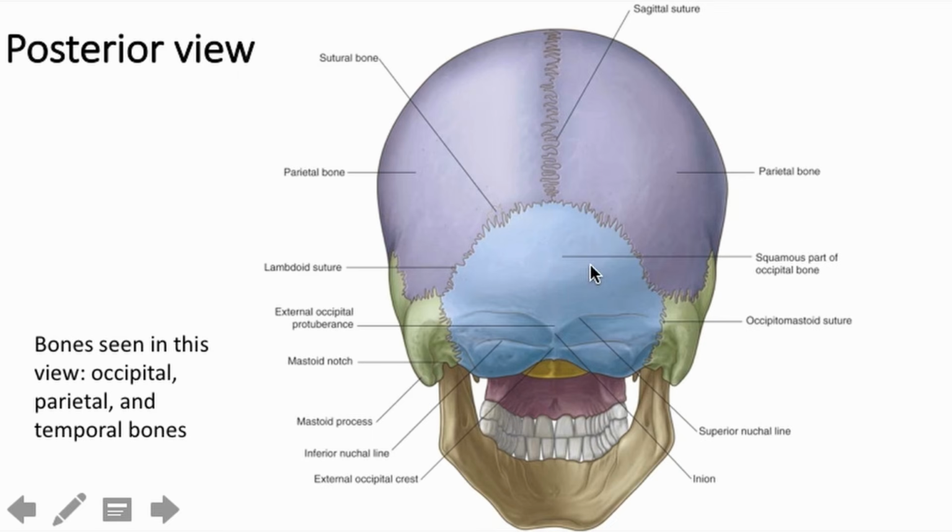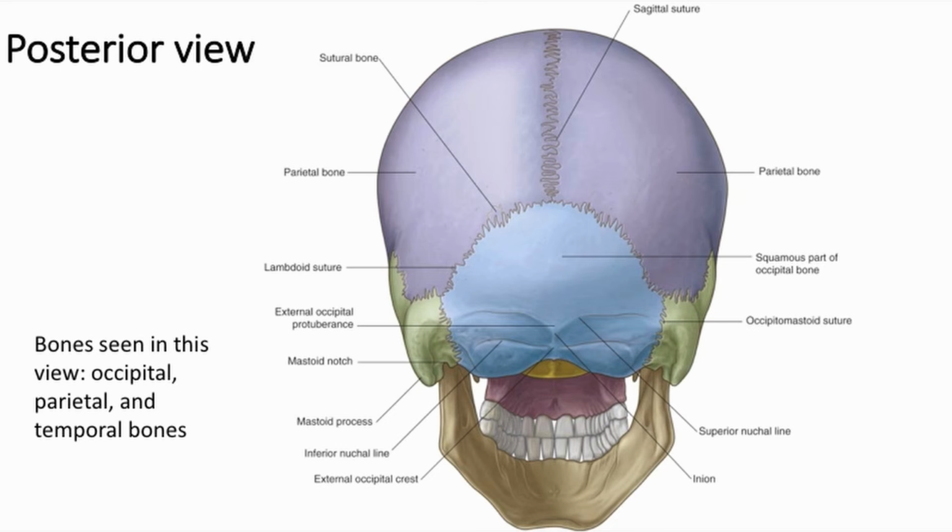And then also along the lambdoid suture, there are these small islands of bone called the sutural bones, and they may be observed in this area as well.